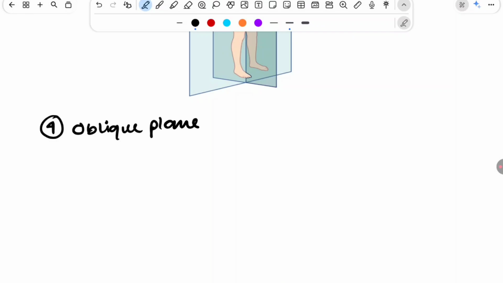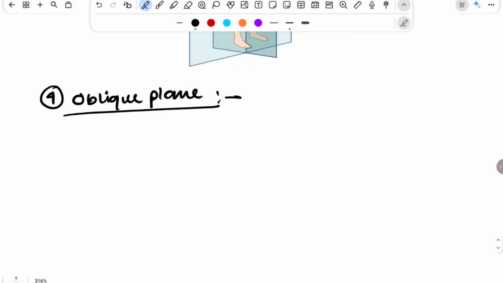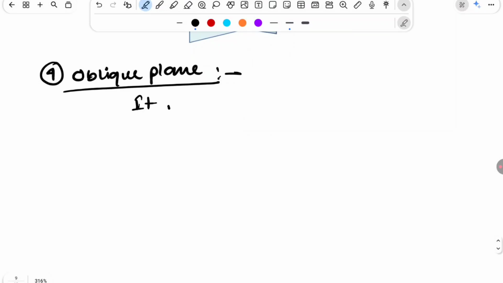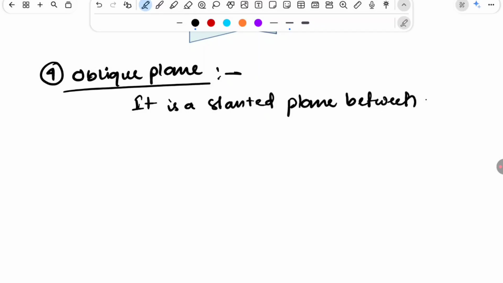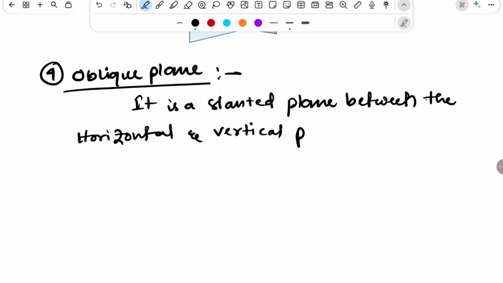Oblique plane. In this oblique plane we can write it is a slanted plane between the horizontal and vertical planes.